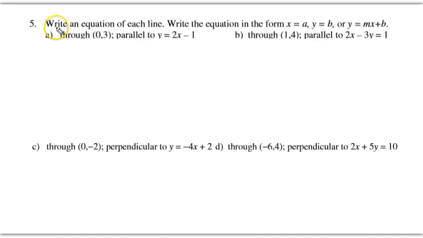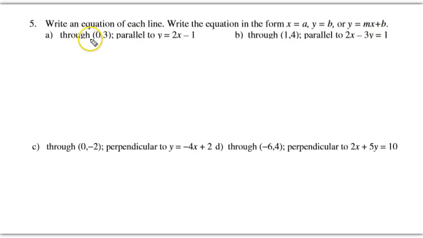Now, in looking through 5a, here they're telling us the different forms of the equations that they want the results in. This is a vertical line, this is a horizontal line, and this is in slope-intercept.